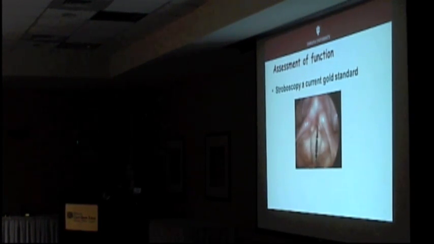So this stroboscopy really works well when voice is normal or mildly affected and moderately affected. But because stroboscopy only produces an average movement of the vocal folds, it doesn't work well when voice is severely affected.